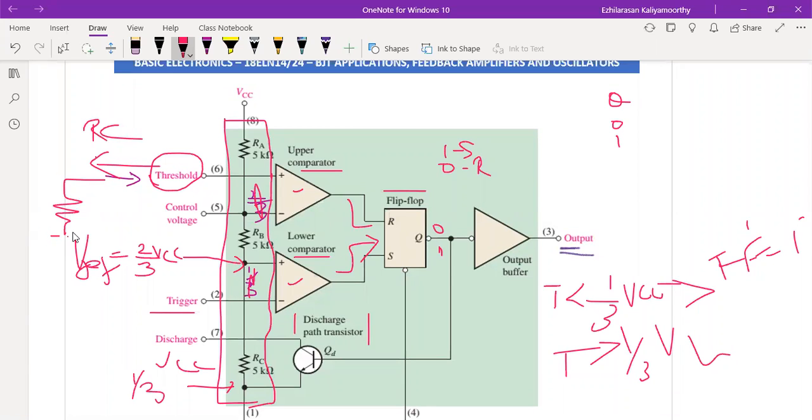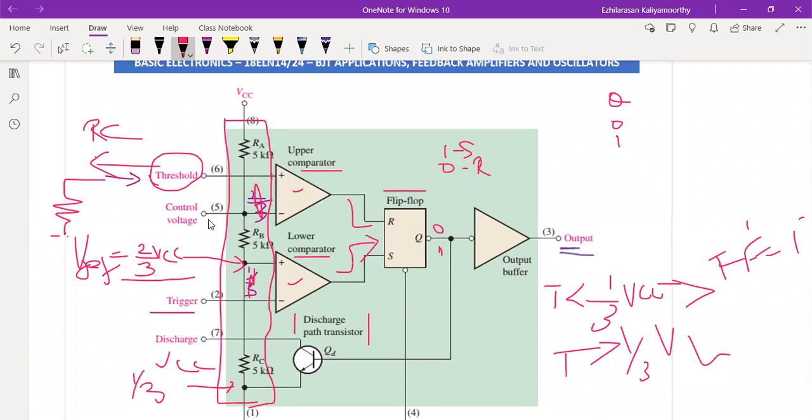Now when the external capacitor voltage exceeds 2 by 3 VCC, the upper comparator, which one? This upper comparator will reset the flip-flop. Means the threshold voltage and the control voltage.